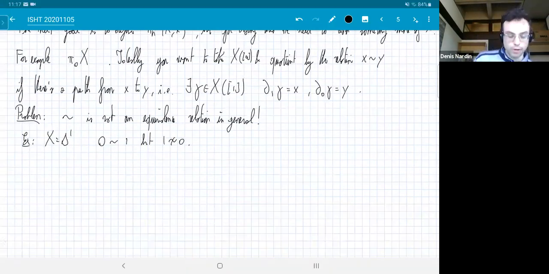For example, you can see what the problem is if you try to prove transitivity.